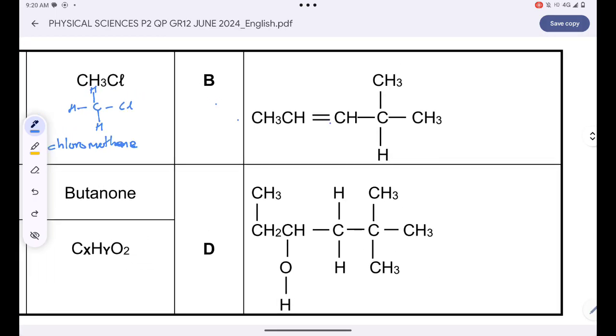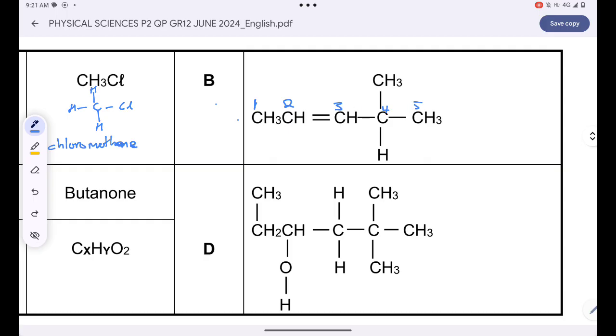I can see that it's an alkene because it has a double bond between adjacent carbons. Okay, so I need to start numbering my carbons from the terminal that is closer to the double bond. Are you together? So if I start numbering from my left hand side, I have carbon number 1, 2, 3, 4 and 5.